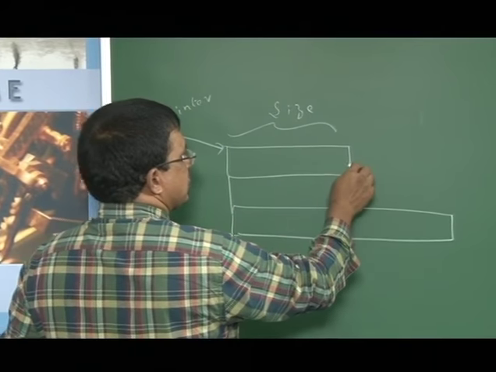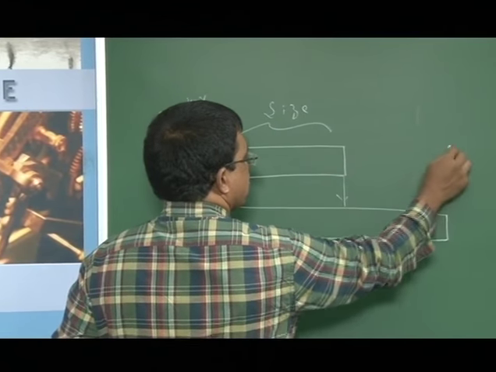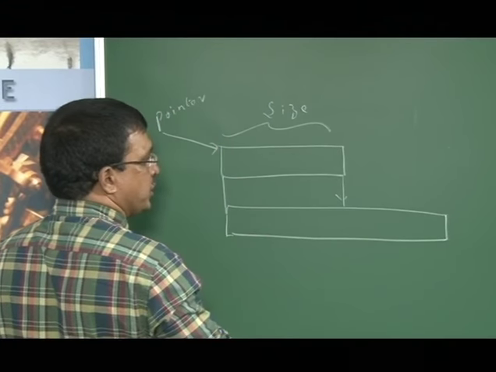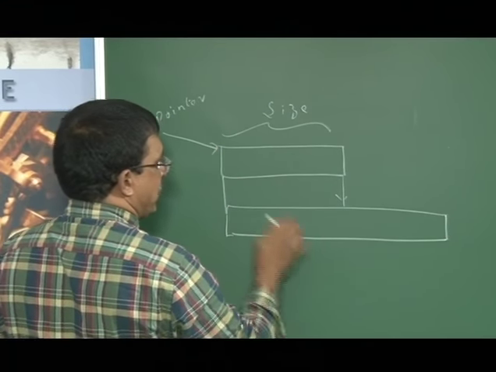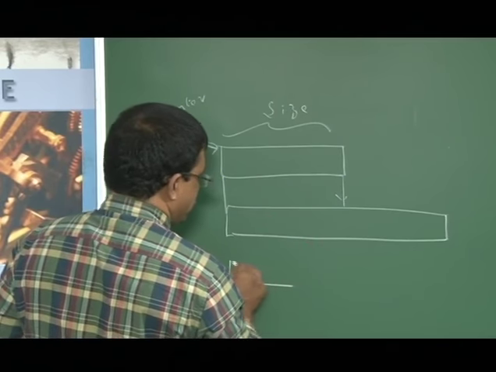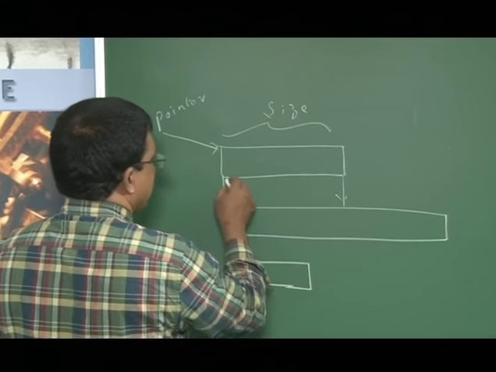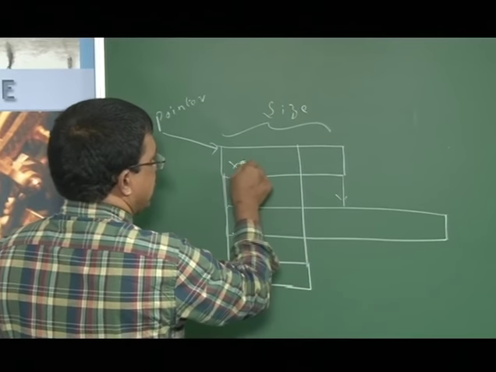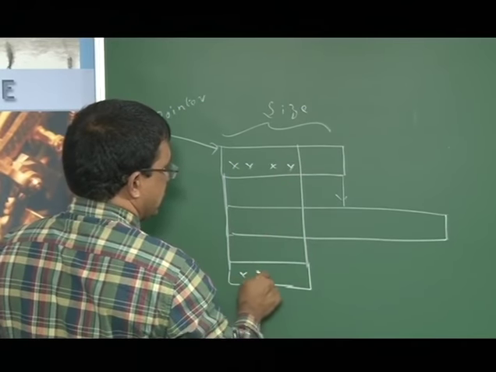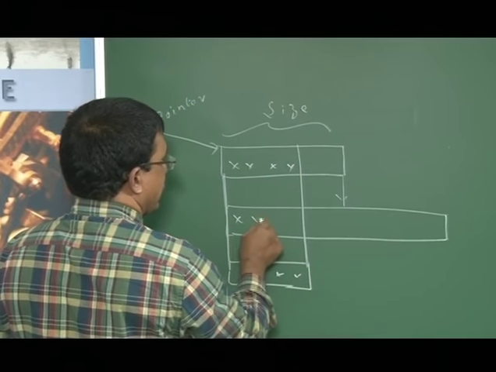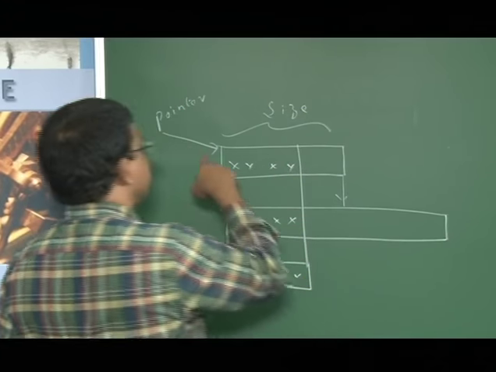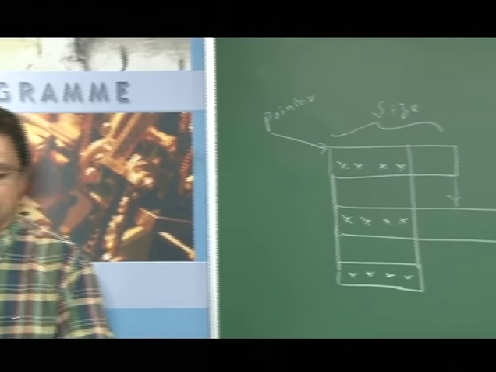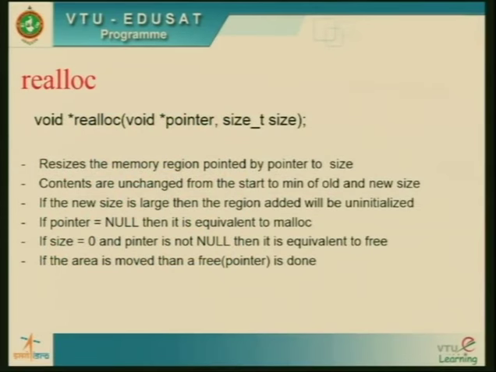The operating system will see whether this block is free; if it can, it will give the same block, otherwise it will copy and give a new block, so it will return a new pointer. This is one case. Suppose the new region is smaller, then the contents here would remain the same. And there are some special cases, if the pointer is null or the size is 0, appropriate returns are performed.